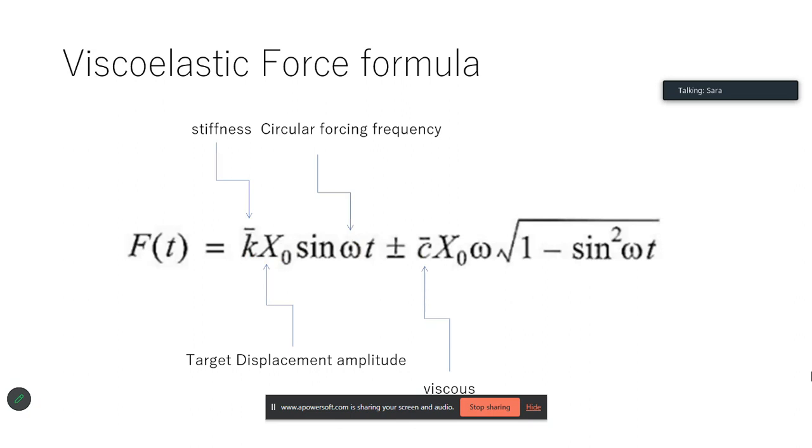This presentation's main point is the viscoelastic force formula. This viscoelastic force depends on time, where K is the stiffness, C is the viscous coefficient, X is the target displacement amplitude, and omega is the circular forcing frequency.